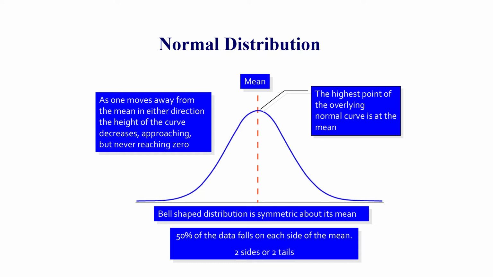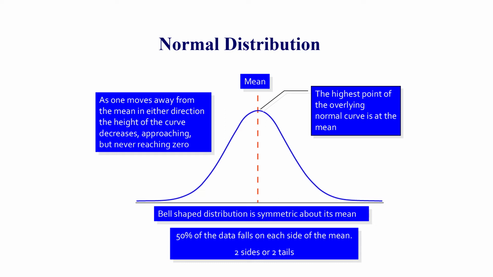As you can see, there are different characteristics of the normal distribution curve. For example, the highest point of the overlying normal curve is at the mean. As we move away from the mean in either direction, the height of the curve decreases, approaching zero, but you will see that this line will never reach zero, or never touch the axis. It will always be a little above the axis. The ends of the curve will never reach zero.